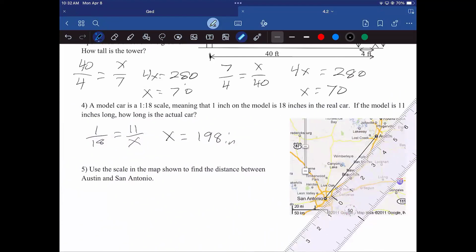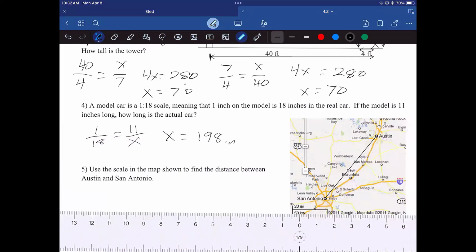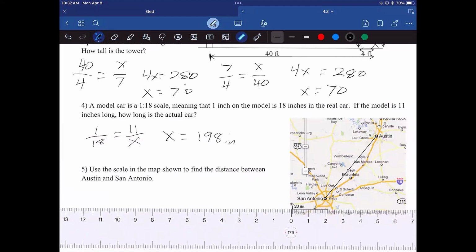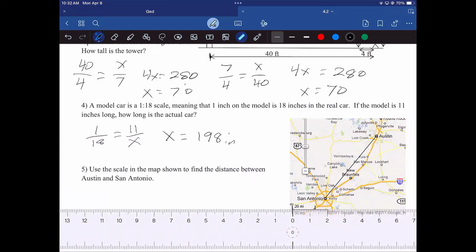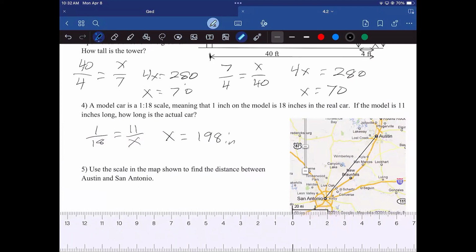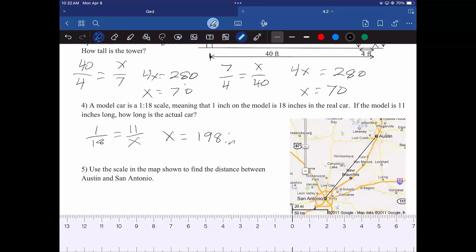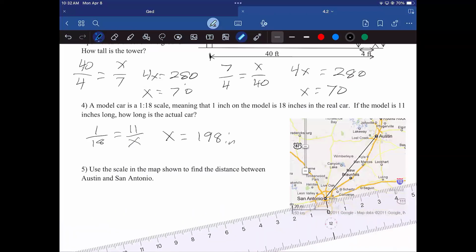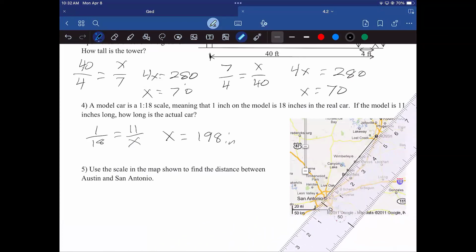All righty. So first let's get a standard unit measure. And I'm going to go with kilometers because it's lining up nicer. So 50 kilometers is 2 centimeters. So how far is this?